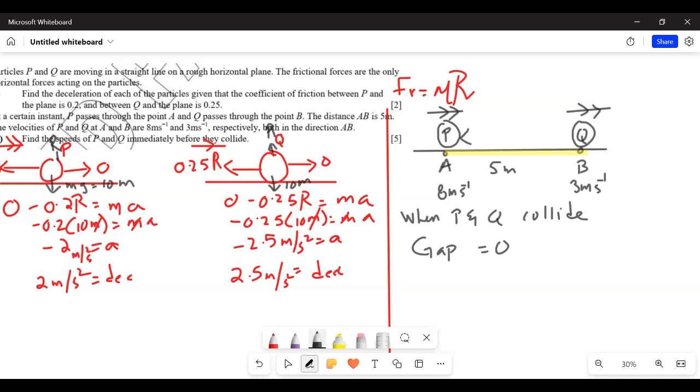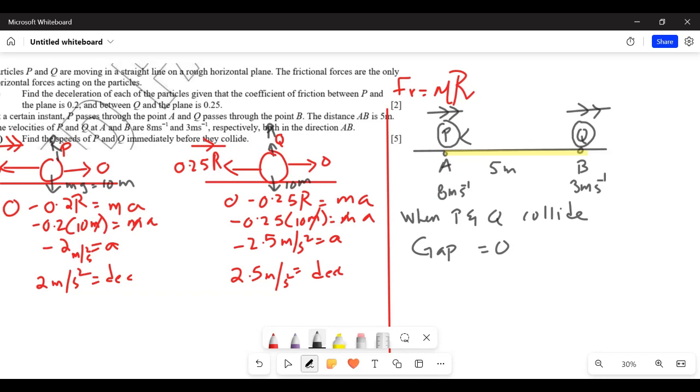This gap is initially 5, but it changes with time and eventually the gap becomes 0. So you have to form an equation in which gap is equal to 0.